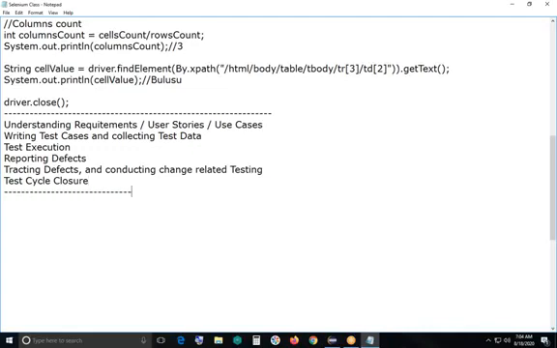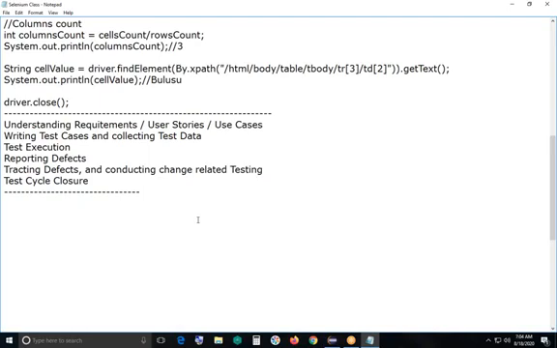These are the important tasks in software testing, whether manual or automated testing. We can't compare these responsibilities. All responsibilities are important.